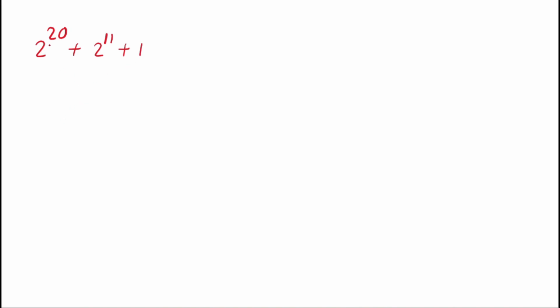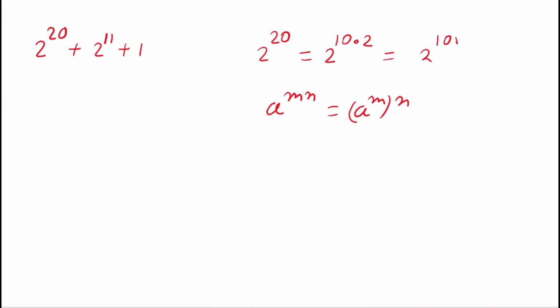Now 2^20 is the same as 2^(10 times 2), and if we apply the rule a^(m times n) = (a^m)^n, then this is the same as (2^10)^2.